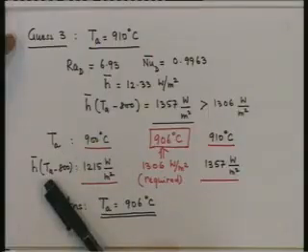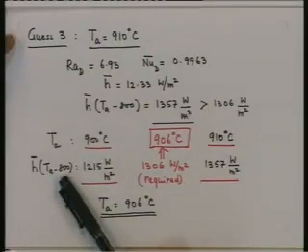If this were a situation of forced convection, then our h bar would be much higher, and hence the temperature difference between the actual temperature of air and the indicated temperature of air would be significantly lower.